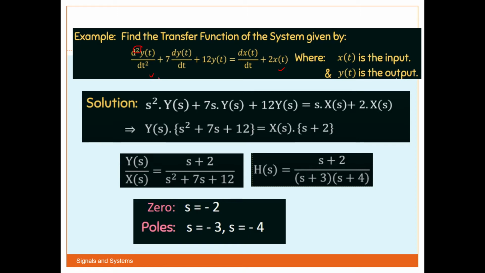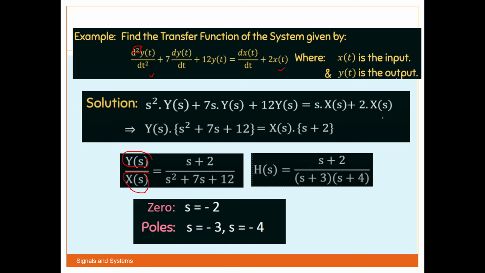We want to find the transfer function, H(s), which is usually the output divided by the input. So now we have to solve this equation. This is second order, so s squared multiplied by Y(s), plus 7s times Y(s), plus 12 Y(s) equals, this is only first order, so s times X(s) plus 2 times X(s).